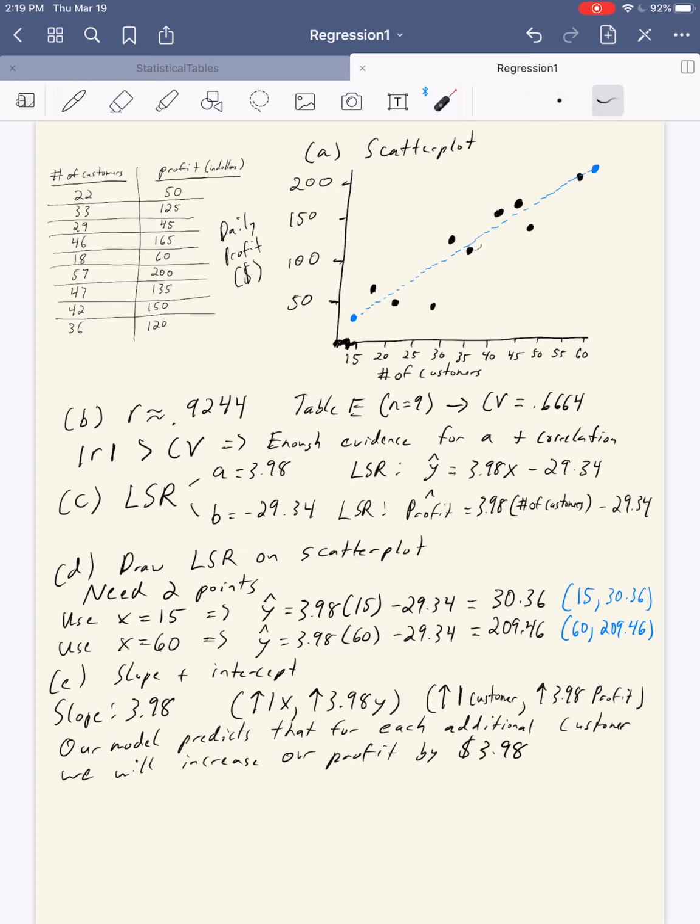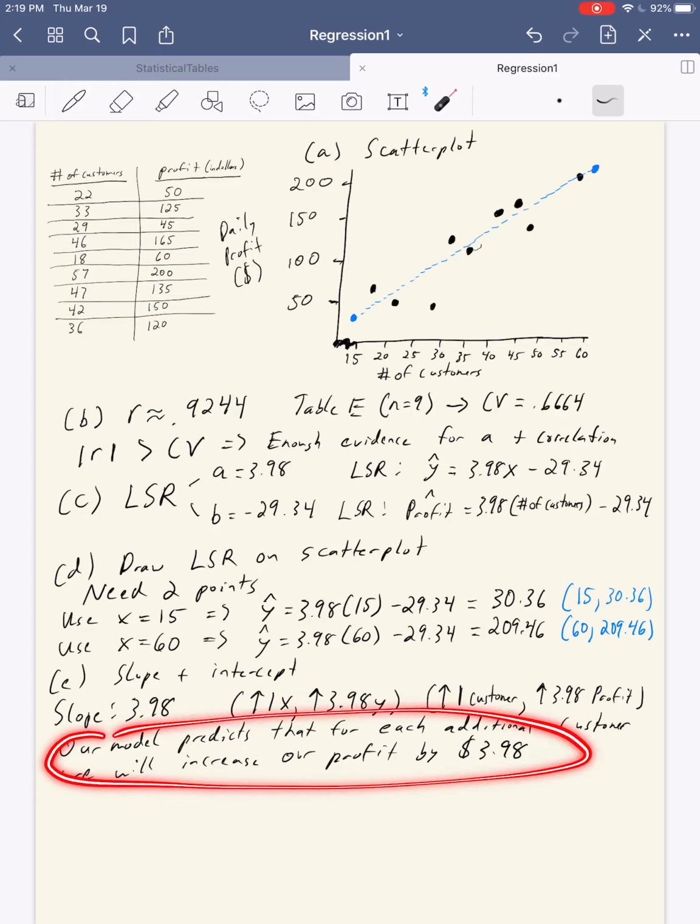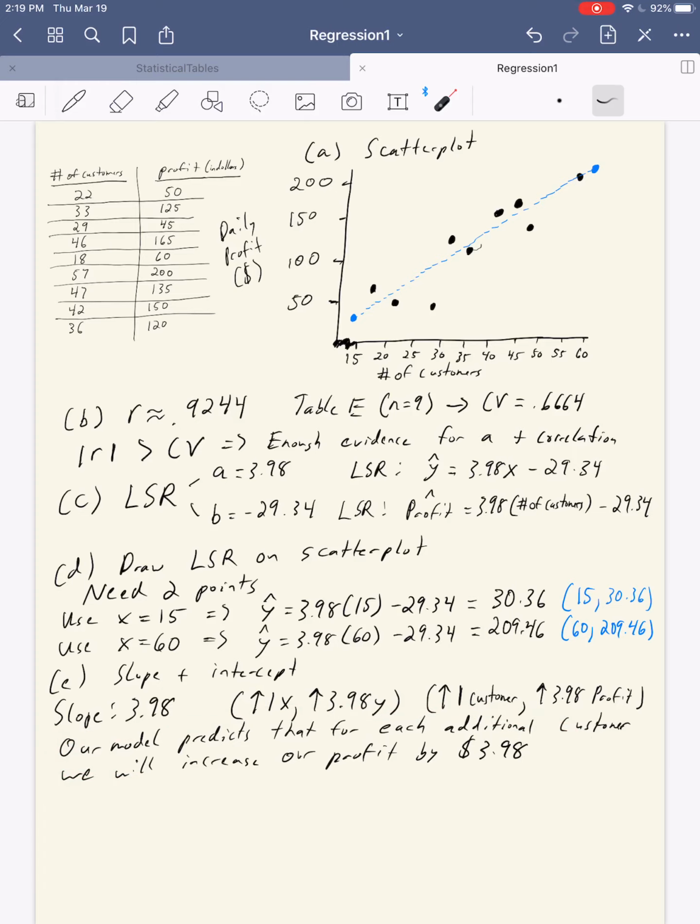So notice that when we go to write this interpretation here, it's basically a chance for us to talk about the units and put it in context with the variables that we're studying. So we're saying that according to the data that we see here, each additional customer who shows up increases our profit by about $3.98.